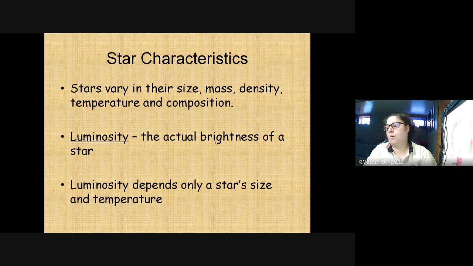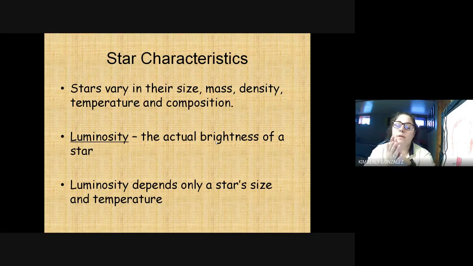Okay? So all of this, you're never going to have to memorize. You're going to have to know what luminosity means. But we do have an Earth Science reference table for that. And if you look at page 15, where our nice chart is, there's a characteristics of stars chart on top of it. Okay, that's also known as a Hertzsprung-Russell diagram, which we will get into a little bit later, not by much. Okay, so luminosity is how bright that star is.